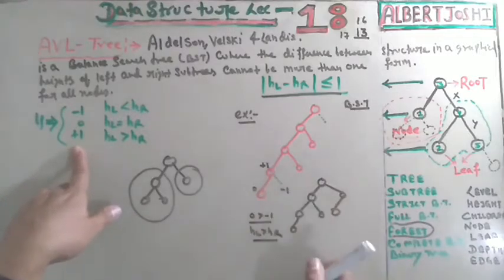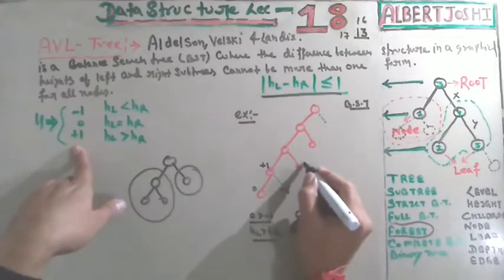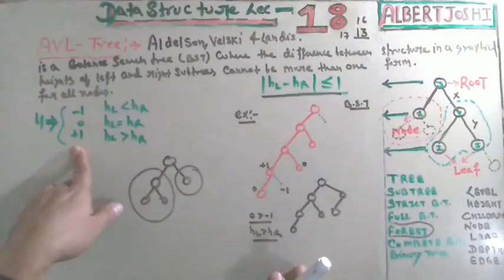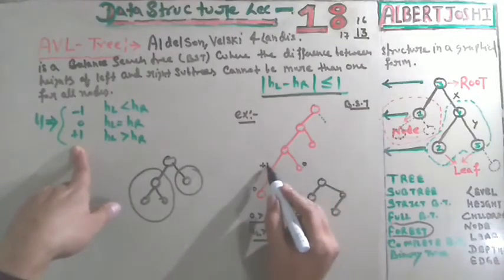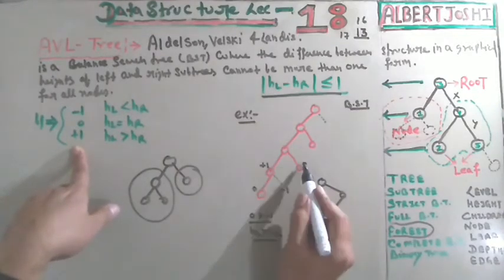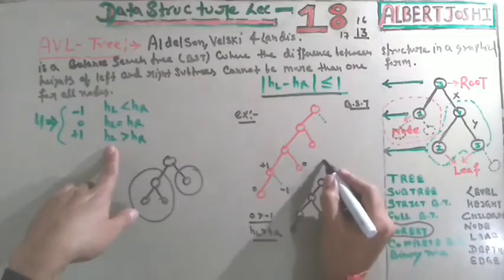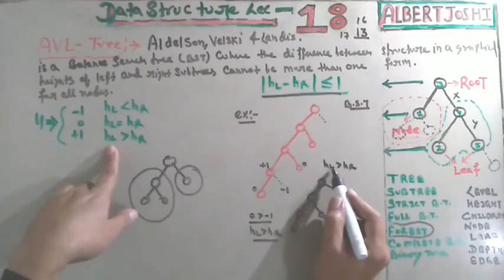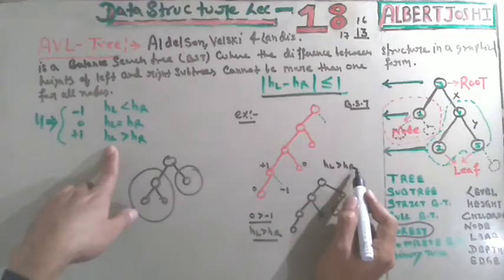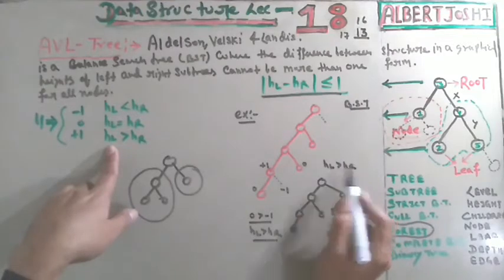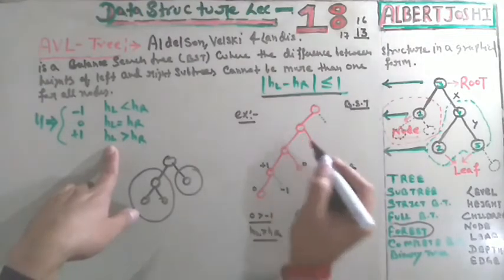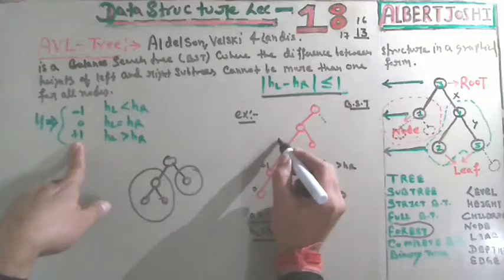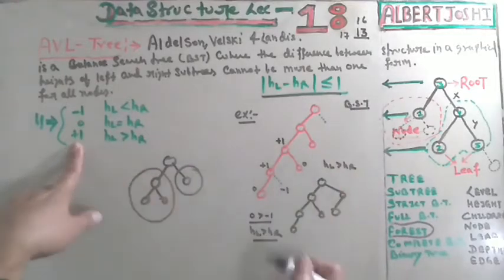Now for the next node, this is 1 and this is 0. Again HL is greater than HR, the height of the left subtree is greater than the height of the right subtree. In this condition its value will be +1 because of this property.